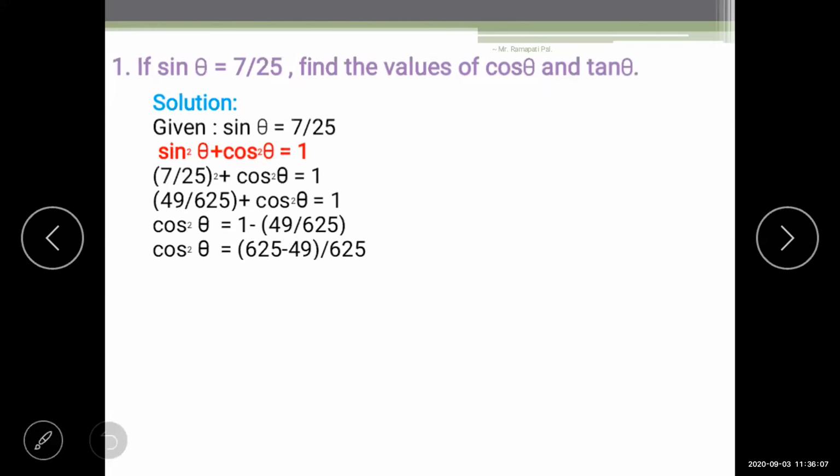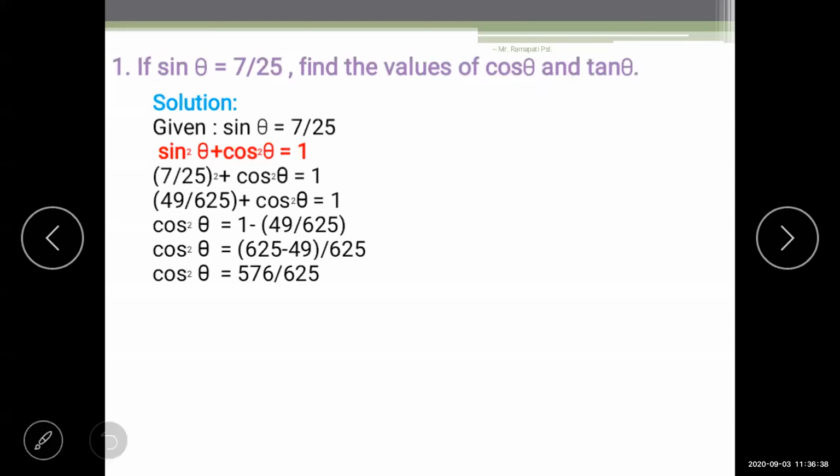So cos square theta is equal to 625 minus 49 upon 625. So subtract it fast: 625 minus 49. Yes, very good. That is 576. So cos square theta is equal to 576 upon 625.